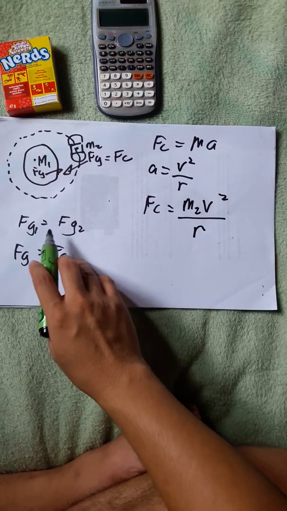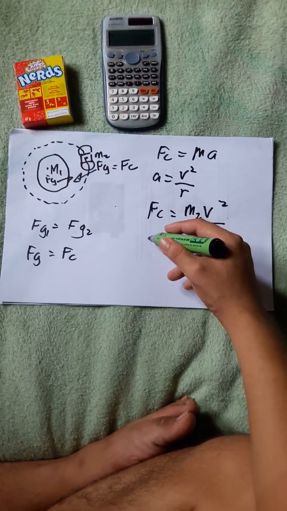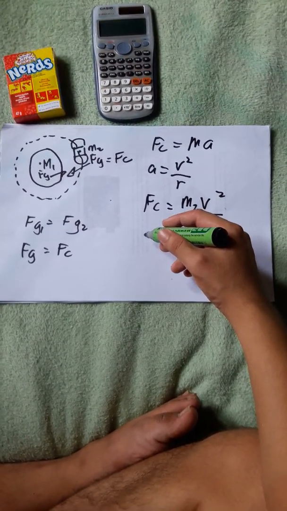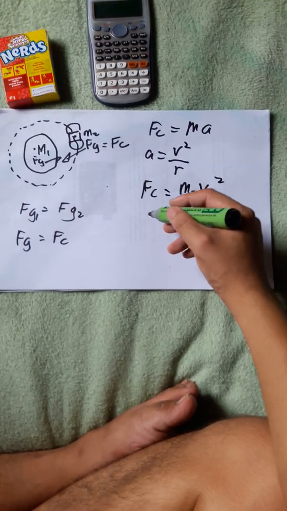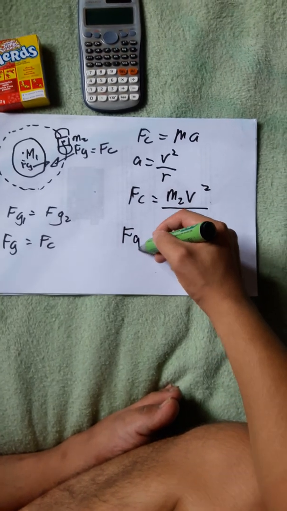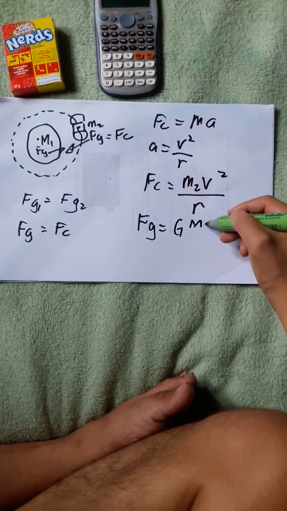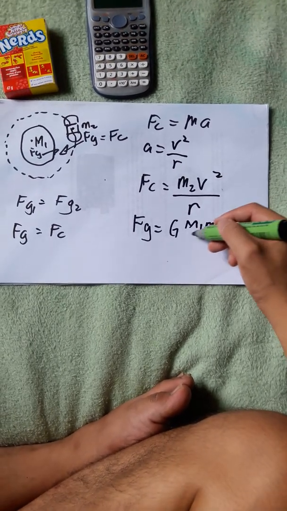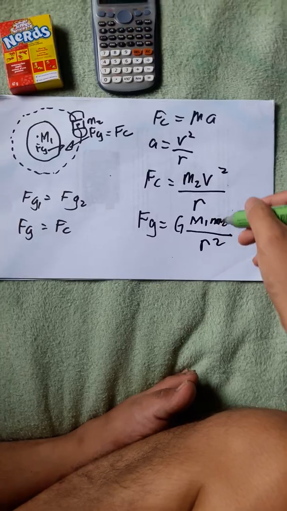For Fg, which is here on Earth, Newton's law of universal gravitation is applied. So Fg is equal to G M1 M2 over R squared.